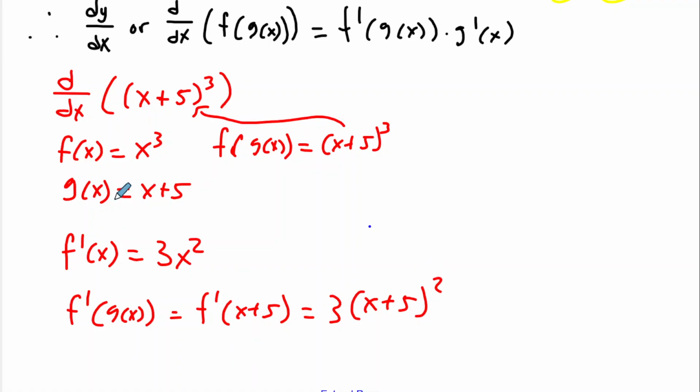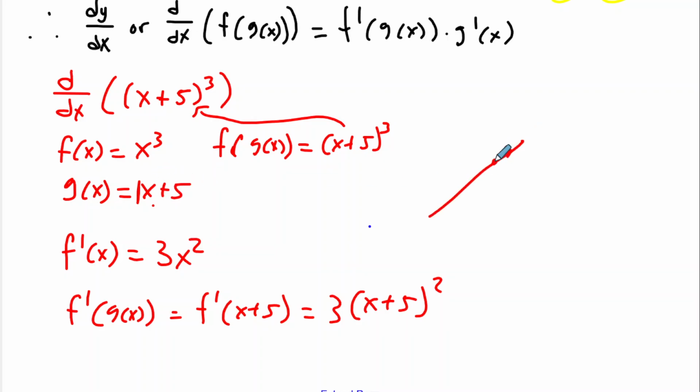So what is g prime of x here? Well, you can use our limit definition here, or you can just understand that the slope of g of x equals x plus 5 is 1 at every point. Remember, the derivative is the slope of the tangent line at a particular point, and the slope at every point on x plus 5 is 1, because it's just a straight line.